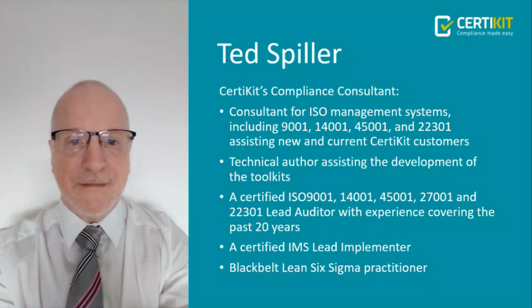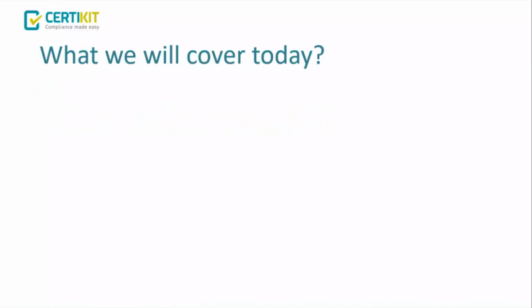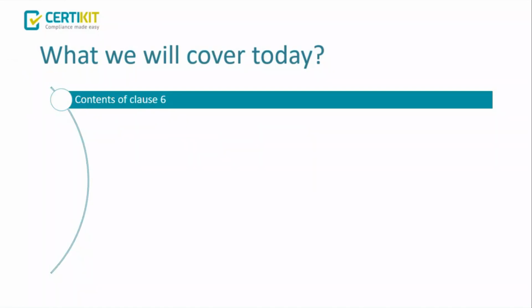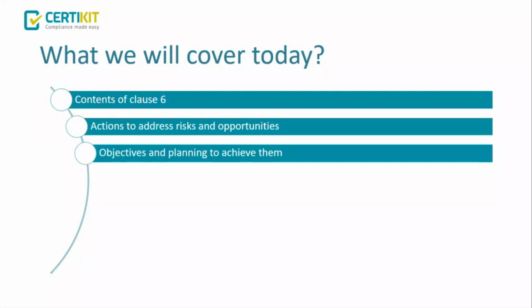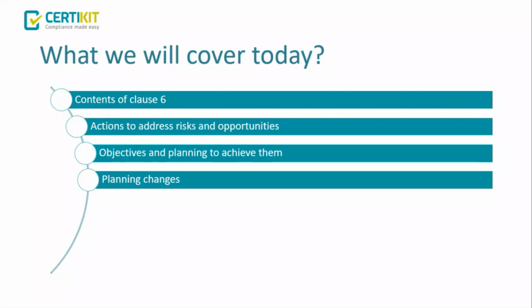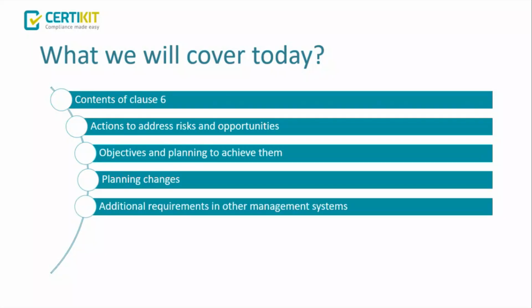So that's the background. Now we'll go into the meat of the webinar. What we'll be covering today, we're going to look at what Clause 6 actually holds, and then look at them in a bit more depth. So we'll be looking at actions to address risk and opportunities, objectives and planning to achieve them, and then planning changes. We'll look at the additional requirements in the other management systems. So the ones we're looking at initially are the generic ones that go across all of the management systems.